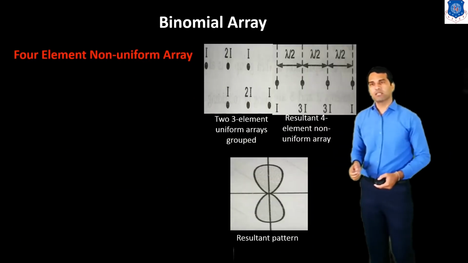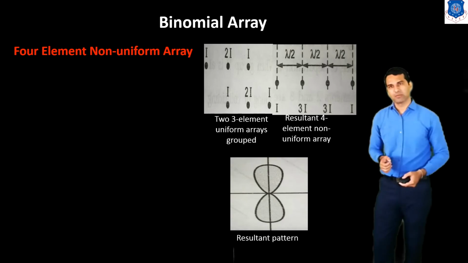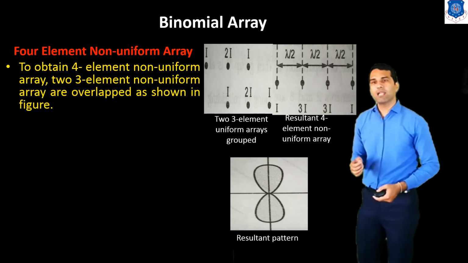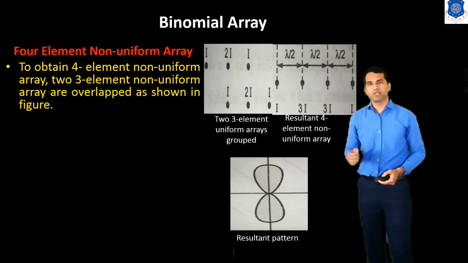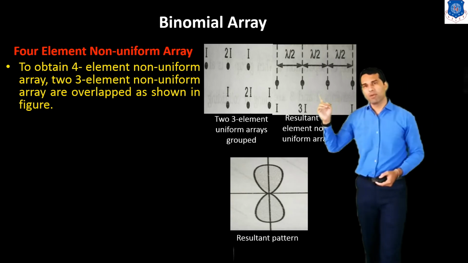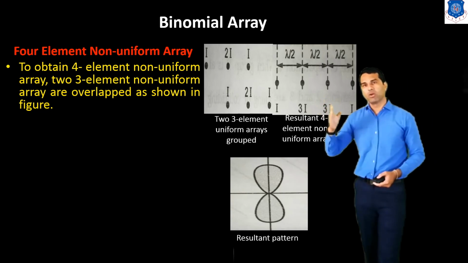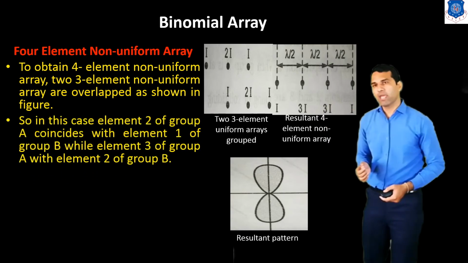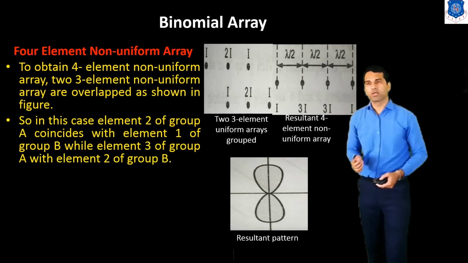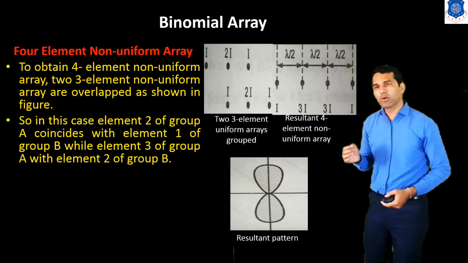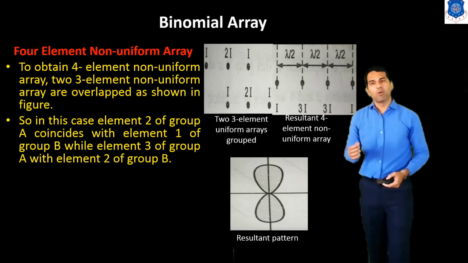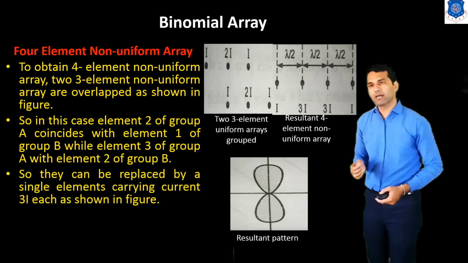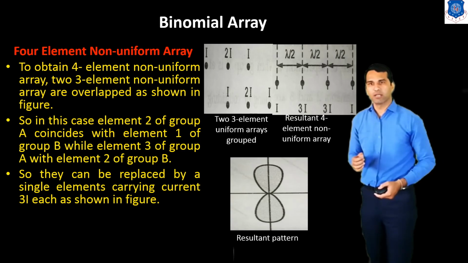Similarly, now we discuss the 4 element non-uniform array. To obtain the 4 element non-uniform array, 3 element non-uniform arrays are overlapped as shown in the figure. This is the overlap figure. In this case, element 2 of group A coincides with element 1 of group B, while element 3 of group A coincides with element 2 of group B. So they can be replaced by a single element carrying current 3i each as shown in the figure.